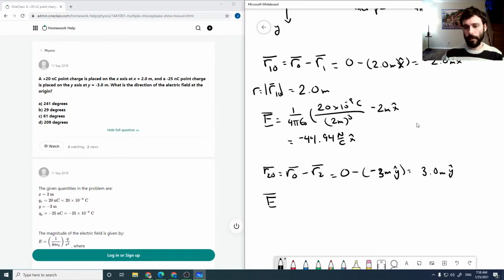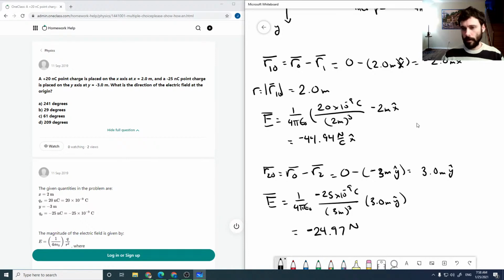So our E field is 1/4 pi epsilon naught times our charge, which is -25 times 10 to the -9 coulombs over our 3 meters cubed times our 3 meters in the y hat direction. And that comes out to be -24.97 newtons per coulomb in the y hat direction.